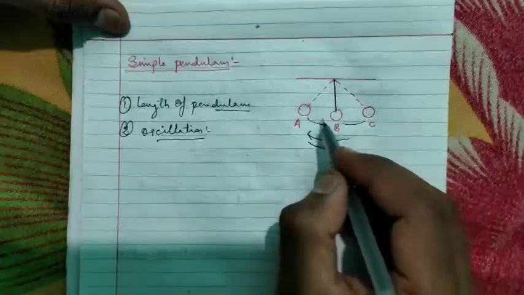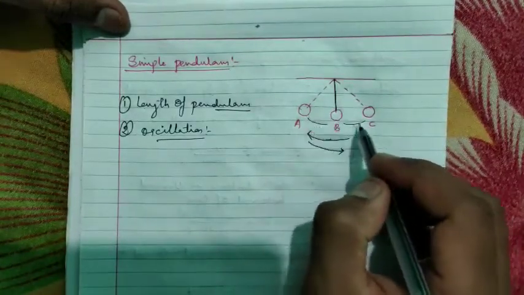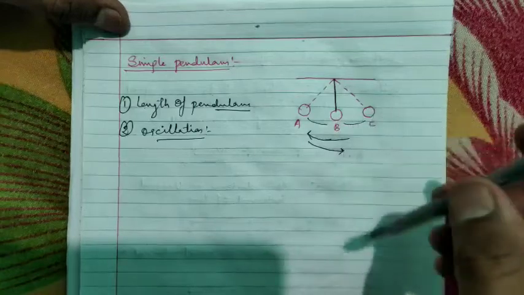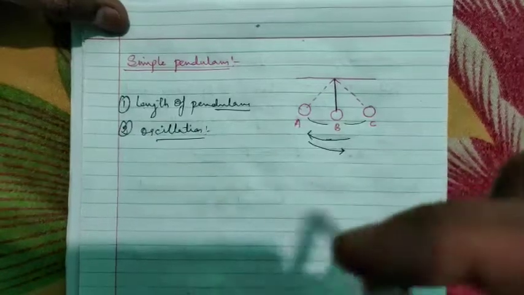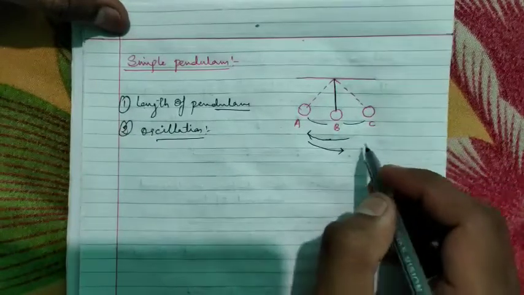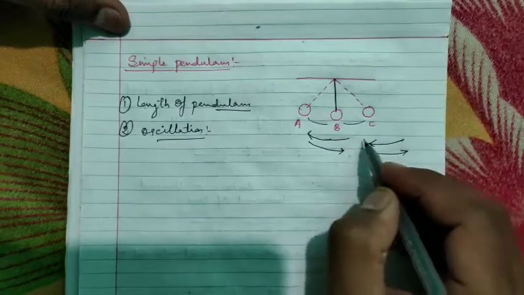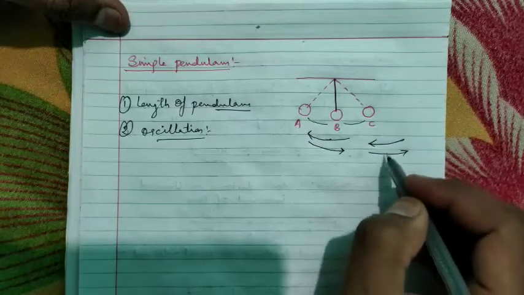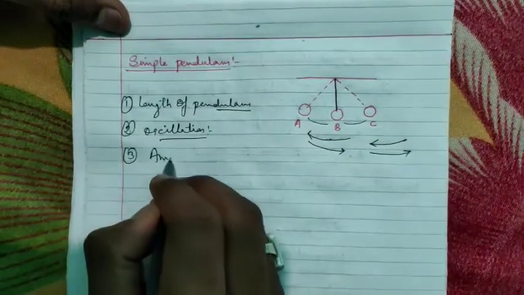Oscillation means the oscillatory motion. When the pendulum moves, it creates an oscillatory motion like this, going like a swing. First it goes like this, then again it comes like this, once left and again right. This is called oscillation.